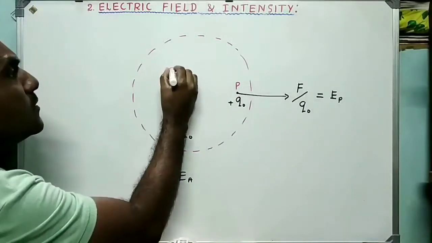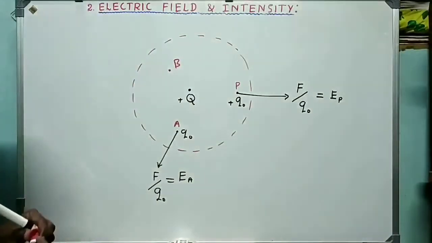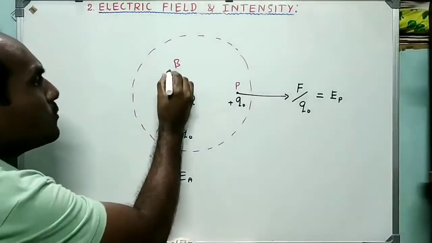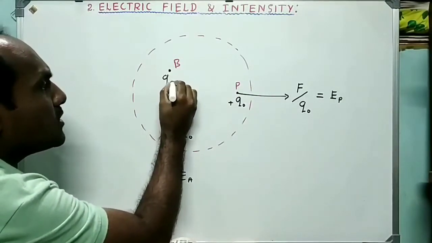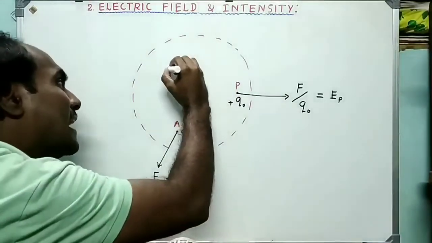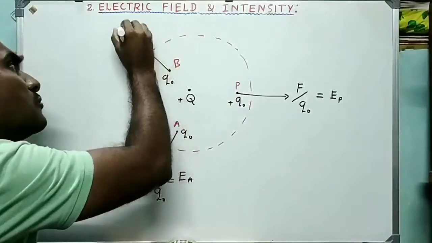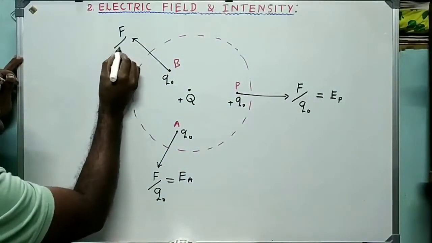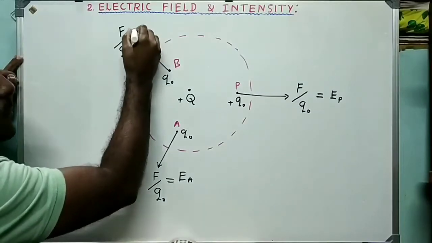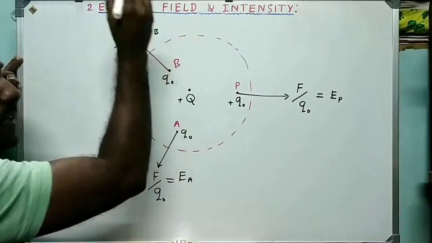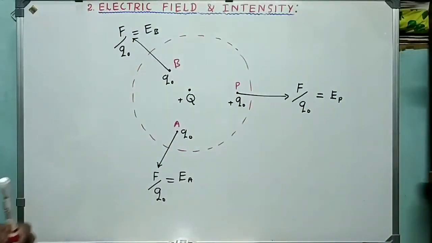Say it is B. B is a consideration point. If I place a small Q0 charge, a test charge at point B, then also it experiences the electrostatic repulsive force. Say F. This electrostatic repulsive force experienced by the charge Q0 when kept at point B is called the electric intensity at point B. Getting the idea of what I am going to say?